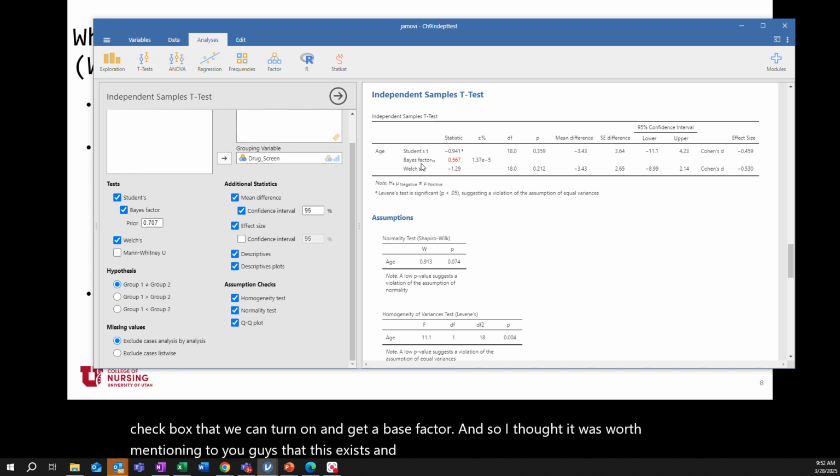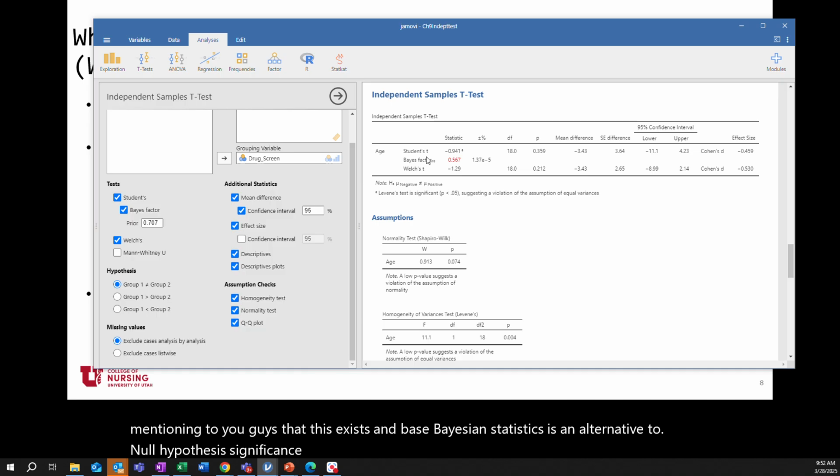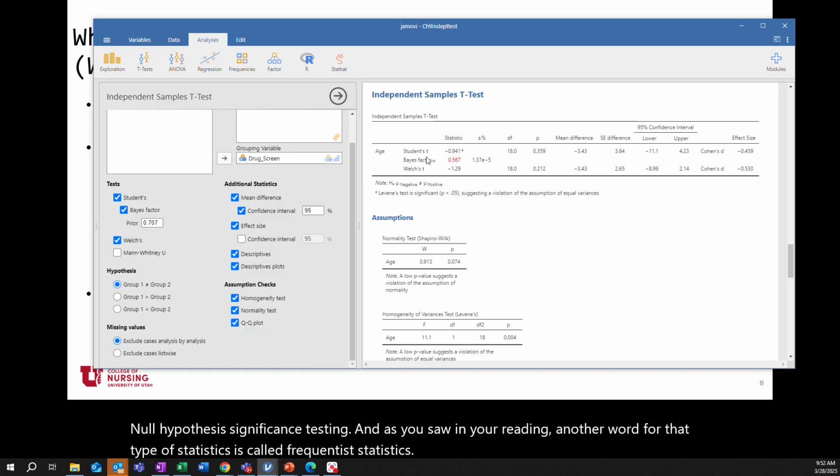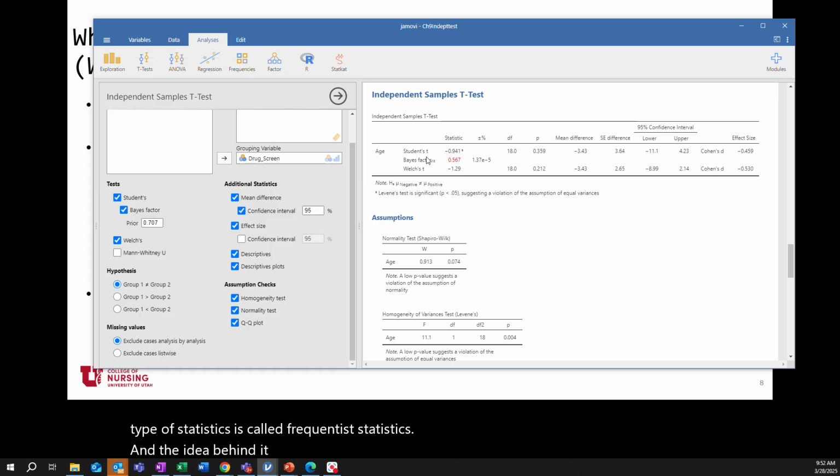And Bayesian statistics is an alternative to null hypothesis significance testing. And as you saw in your reading, another word for that type of statistics is called frequentist statistics. And the idea behind it is, if you did that type of study over and over and over again, you would come to the idea of the central limit theorem, you would come to see what the true population values were from many repetitions.